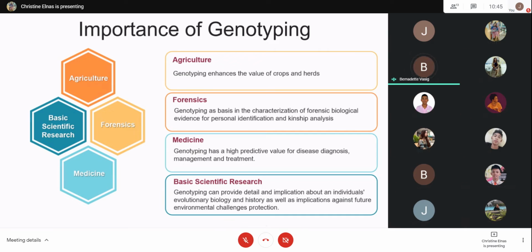systematic side. In case of evolution, genotyping can also be used to track evolutionary relationship among individuals or among species. And in fact, there were some DNA sequences that were used in order to identify evolutionary relationship among varying or polymorphic organisms.